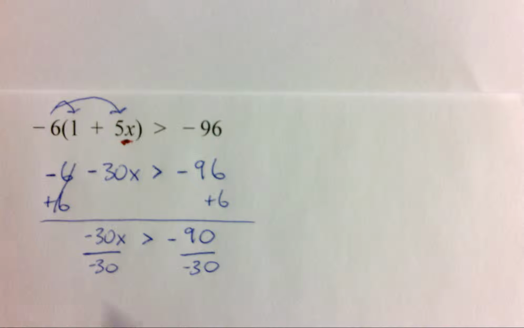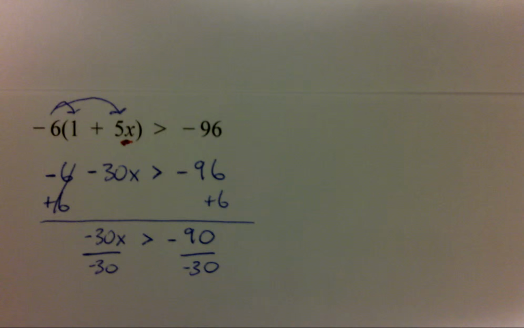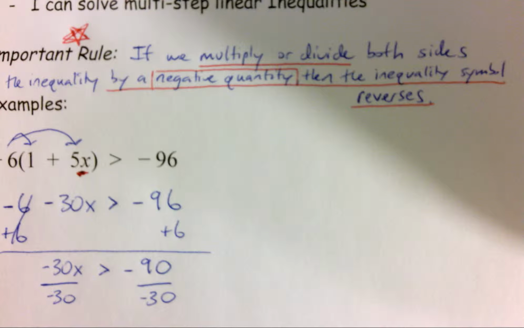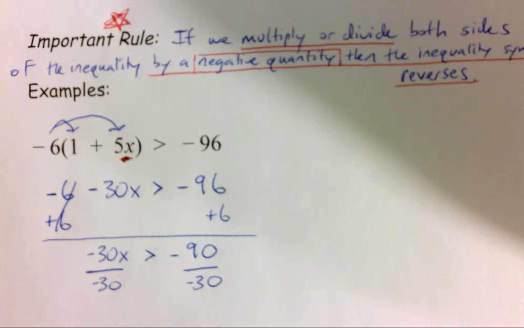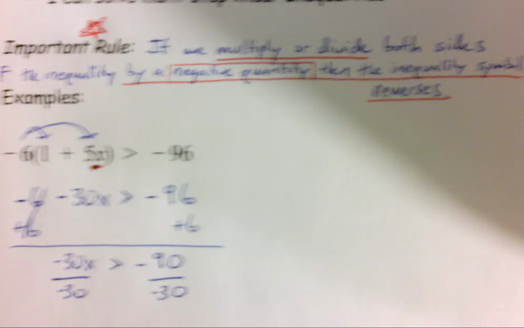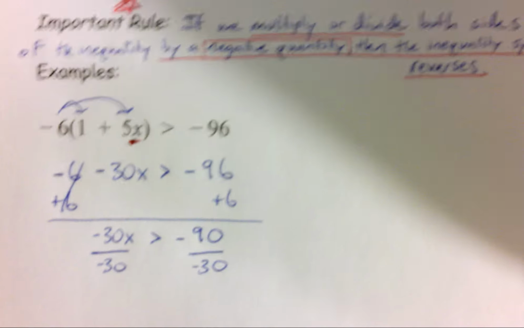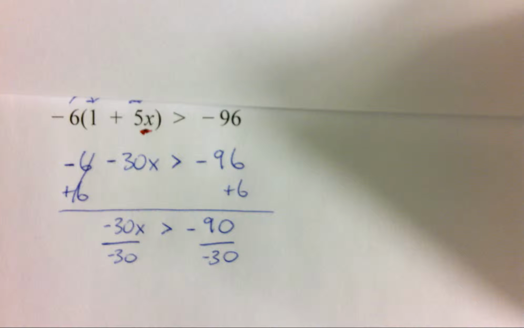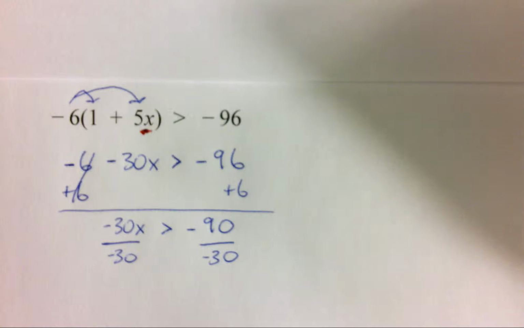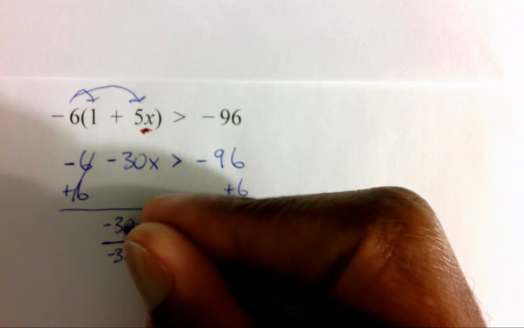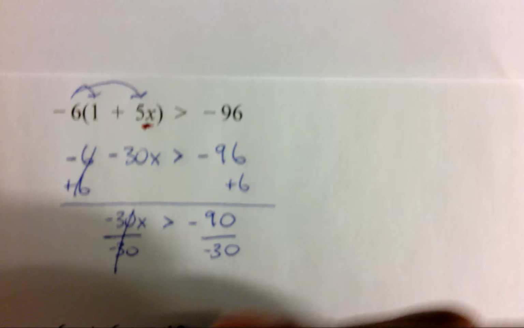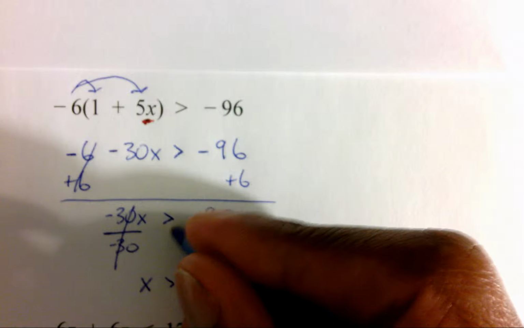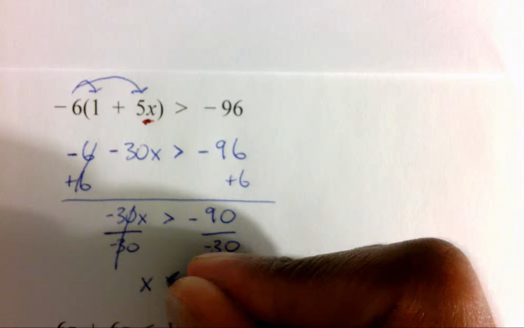Okay, now I've divided by a negative. So again, I go back to my rule at the top and it says if we multiply or divide both sides of the inequality by a negative quantity, then the inequality symbol reverses. That's very important. So just take note of what happens here as we finish this problem. So we've divided by a negative 30. So the negative 30s cancel on this side, and my inequality symbol switches, flips, all right?